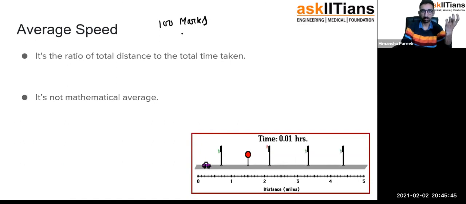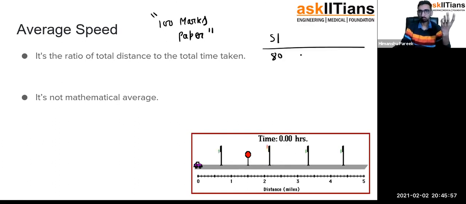I have taken the marks for them. Student 1 scores 80 out of 100. Student 2 scores 70 out of 100. And student 3 scores, let's say, 30 out of 100.